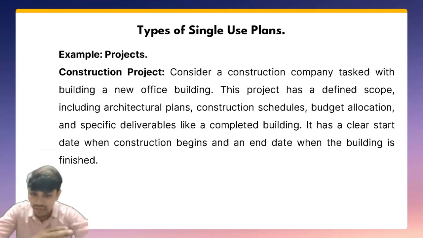We have a project with a defined scope in terms of architectural plan, construction schedule, budget allocation, and we have deliverables, that is the building should get completed within a particular time frame, and we have all the resources, and we have defined the efforts. We have made the person responsible, that is the construction company will decide the people responsible for it.